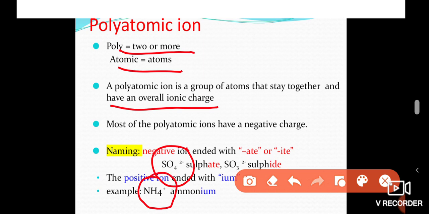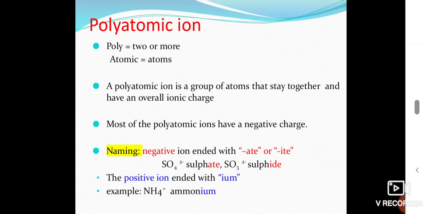It contains 1 nitrogen and 4 hydrogen atoms, and it creates the charge plus. So it is an example of a polyatomic ion. Okay. So polyatomic ions may be positive or negative. In most cases the polyatomic ions have a negative charge.